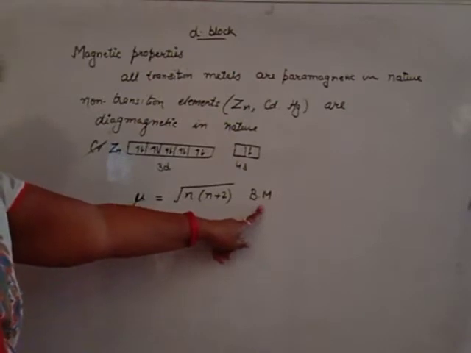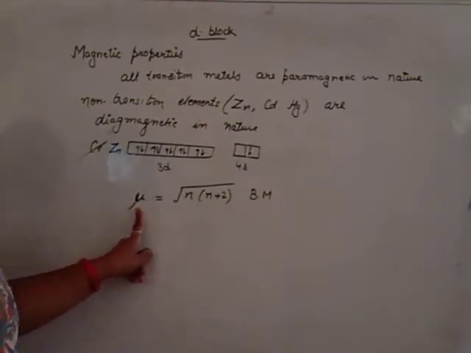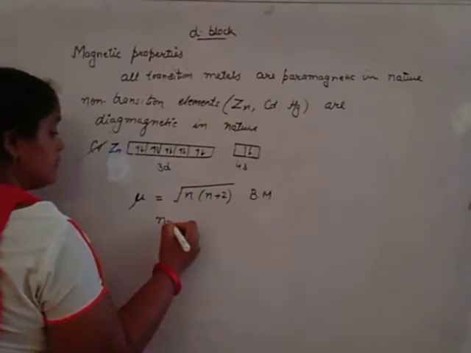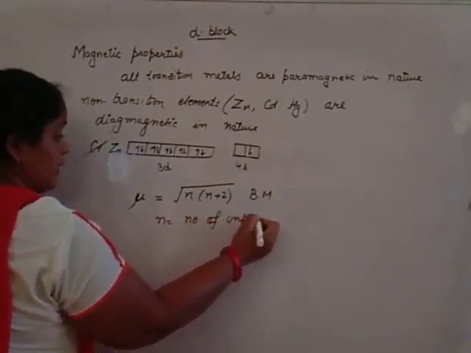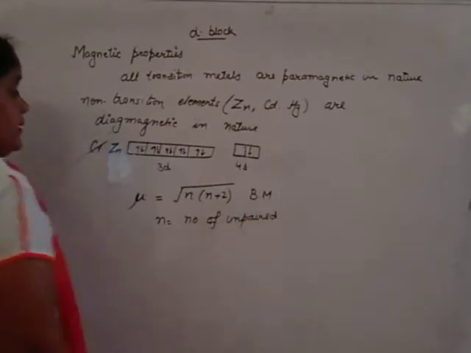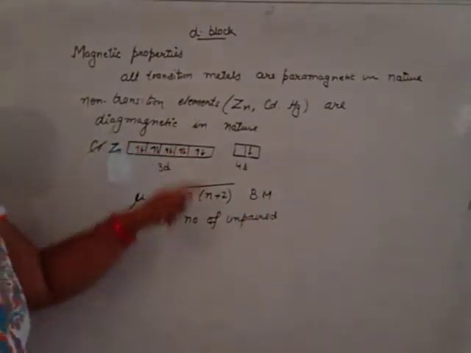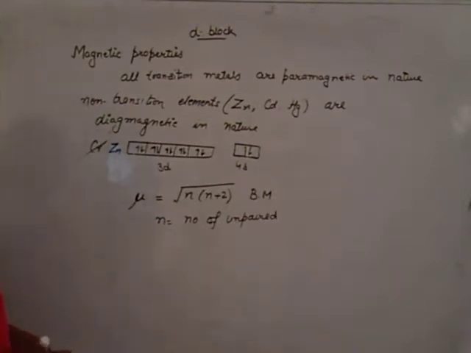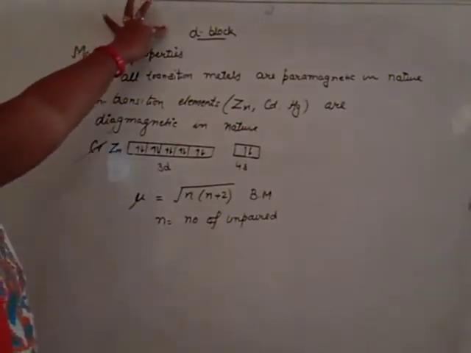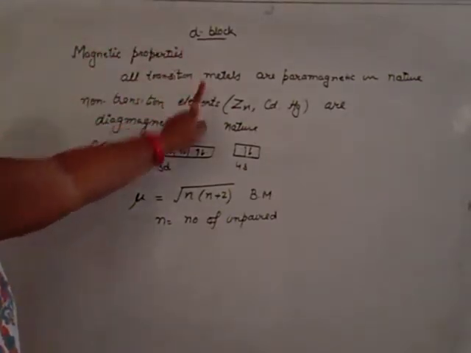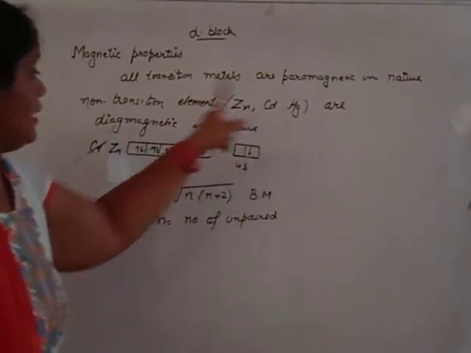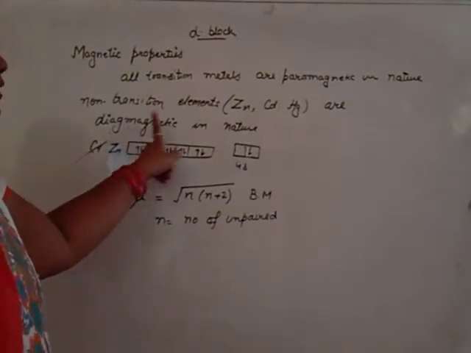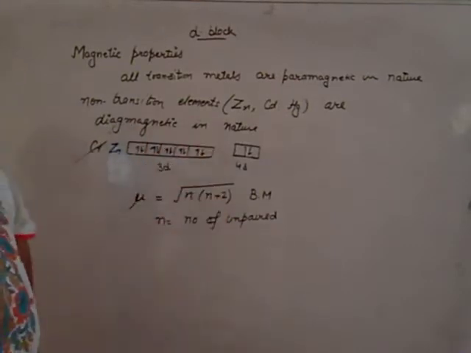Bohr magneton is the unit of magnetic moment, and n is the number of unpaired electrons present in d orbital or in the outermost shell. So we can say all transition metals in d block are paramagnetic in nature, and all non-transition elements, that are zinc, cadmium and mercury, are diamagnetic in nature because their outermost electronic configuration is fully filled.